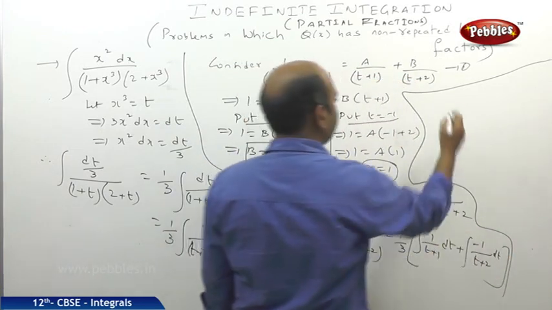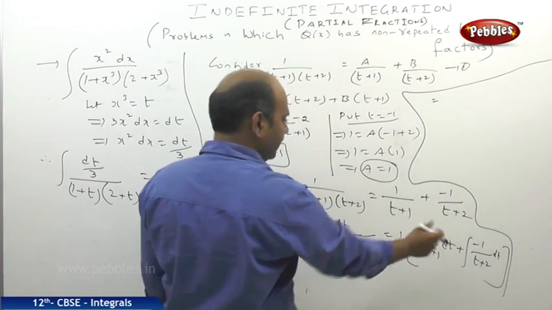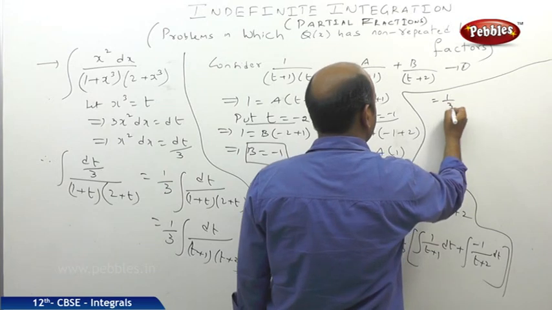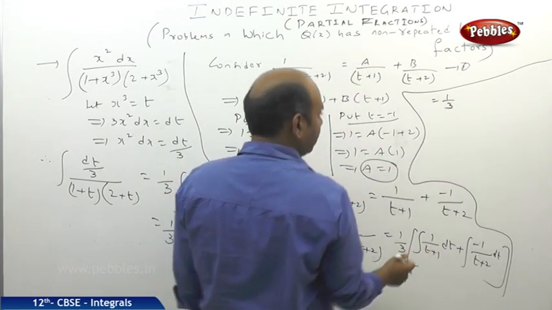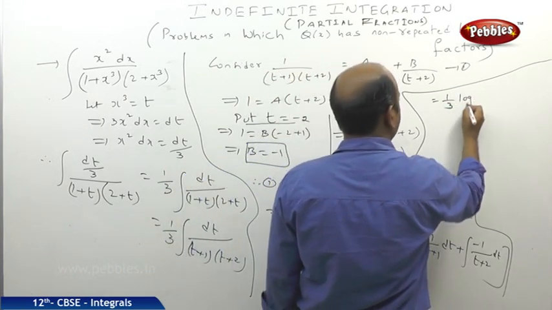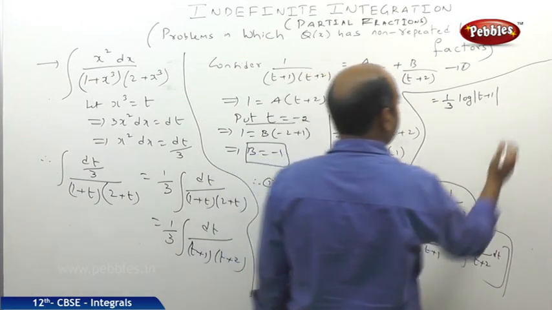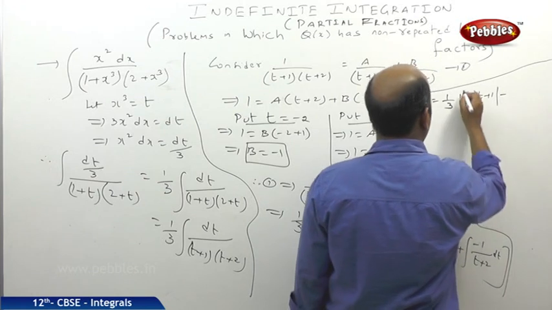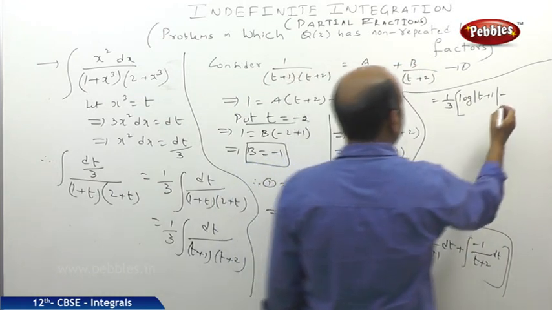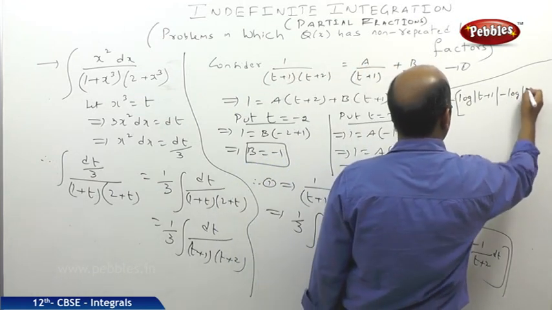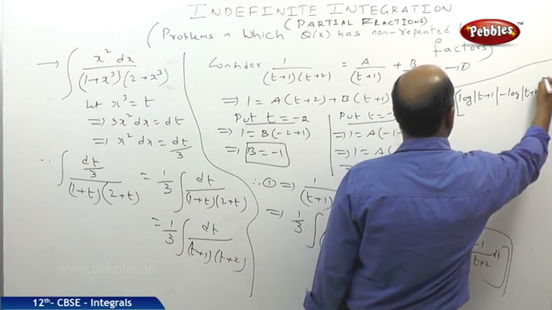So what happens finally, our RHS I am calculating: 1 by 3 into the integral of 1 by t plus 1. It will be log mod t plus 1, and here also minus 1 by 3 will be there outside, and this becomes log mod t plus 2.